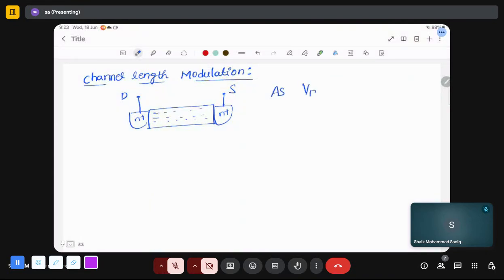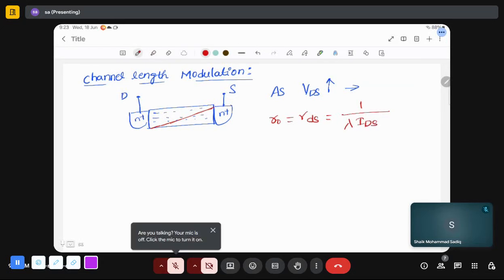As VDS increases, this channel length will vary. It will be cut down like this. To characterize this, we will introduce something called r naught or RDS. This is nothing but the output resistance. This is given as 1 by lambda ID.